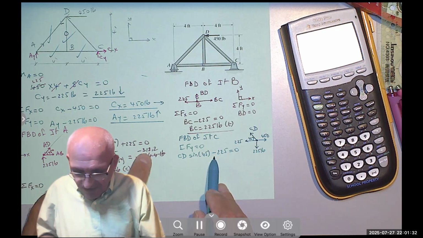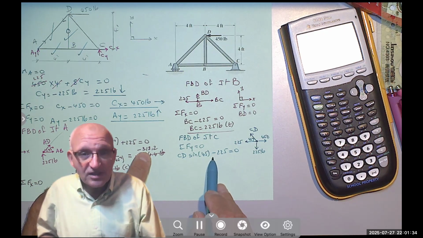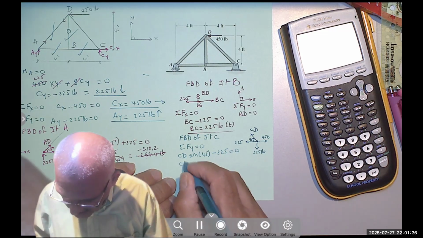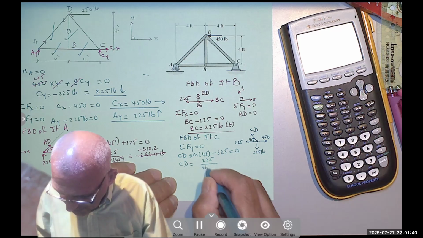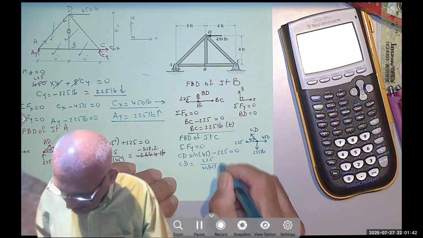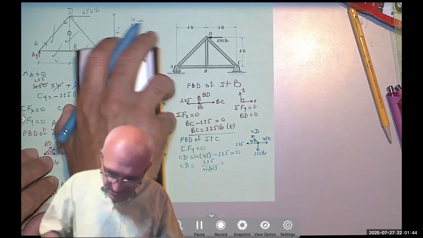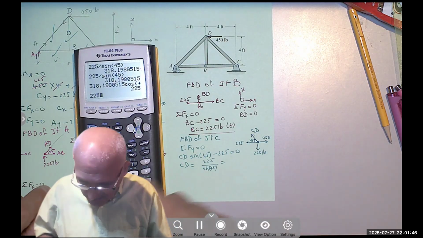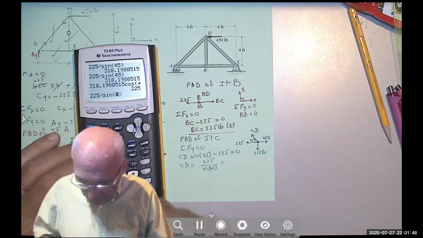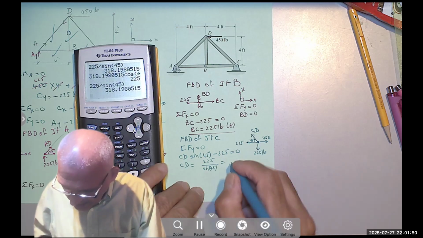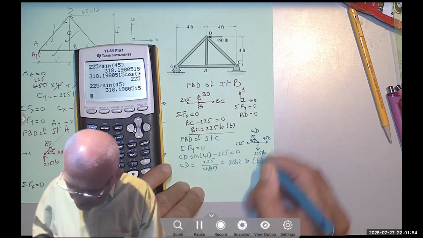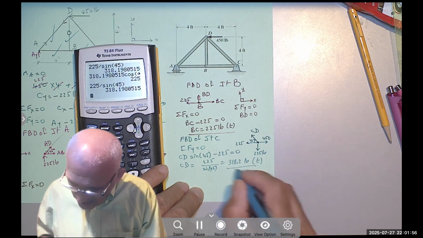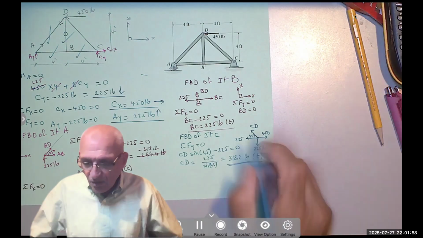So I should get 318.2 tension. CD equals 225 over sine 45 equals, we already did it, it's just a repeat, 318.2 pounds, and it's tension because it's going away. And we found all the forces.